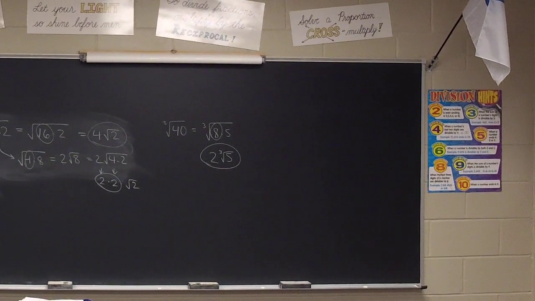These are for square roots. For square roots, we have a rule for 4: if the last 2 digits are divisible by 4. So even a big number, we can figure out if a 4 works. 9. We have a rule for 9. Remember, if the sum of the digits is divisible by 9? So we could use divisibility rules we've known for the past 4 or 5 years to help us with these.